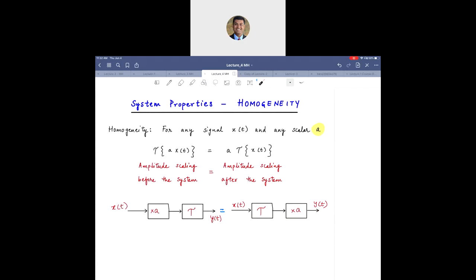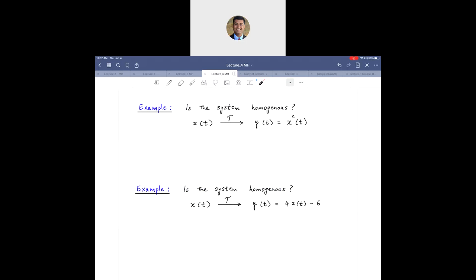Let's take a look at two examples on this slide where we try to check whether the system is homogeneous or not. Here, this is a convention that I hope you get used to very quickly. x of t on the left, an arrow indicating the system. On top of the arrow, you have the system operator T represented.